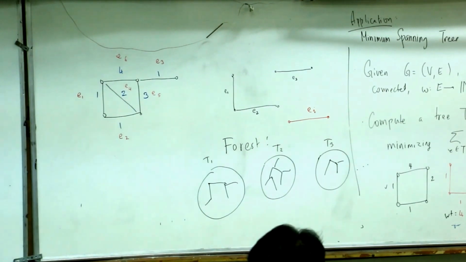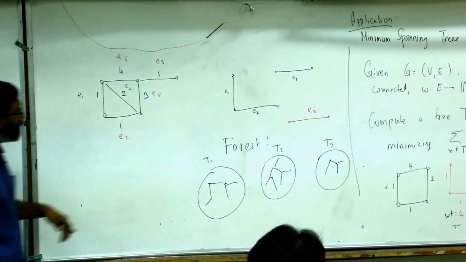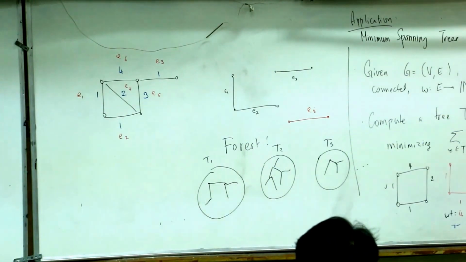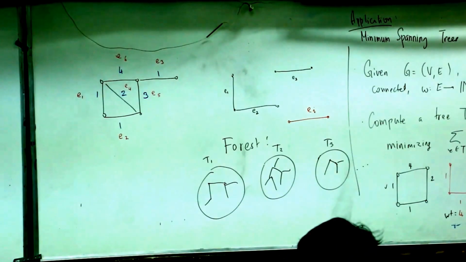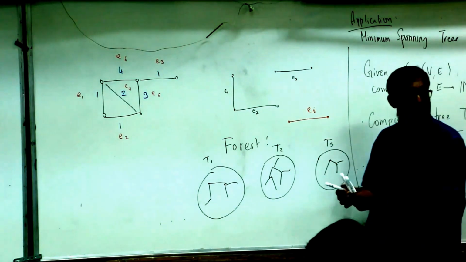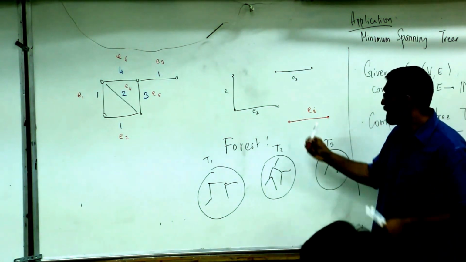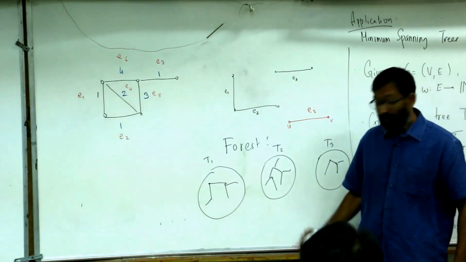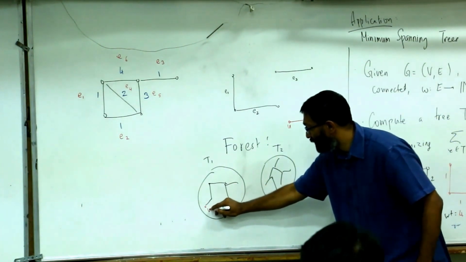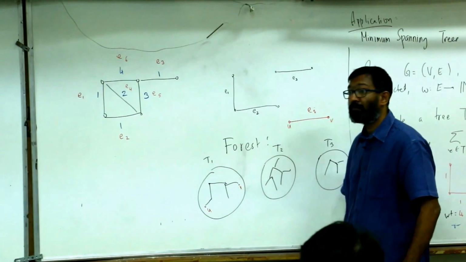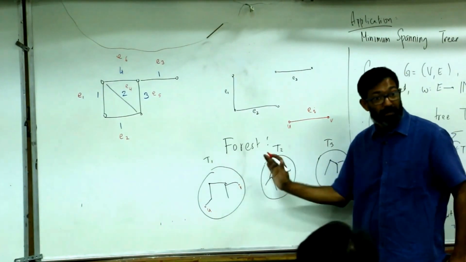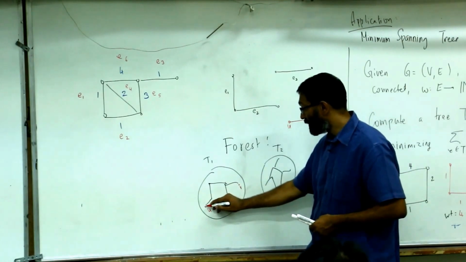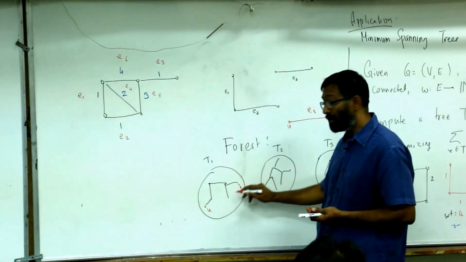So how do we check this? If this is a part of a single tree, then it will be cyclic. Both the vertices are in the same tree. Let's say the endpoints of E sub I are U and V. If U and V lived in the same tree, then there is a path from U to V in the tree.